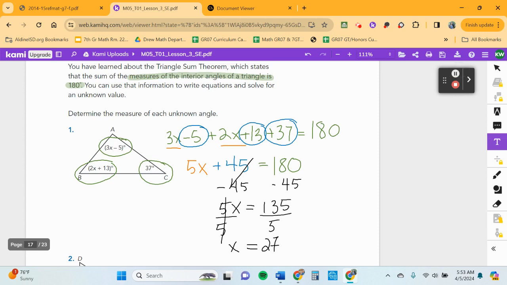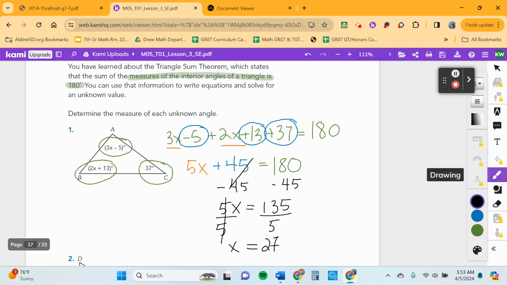So 27 is the measurement of x, but is that our final answer? No, it is not, because we still have to plug that x back in to those expressions to find angle A and B. So let's go ahead and do that so that you can see what that'll look like.